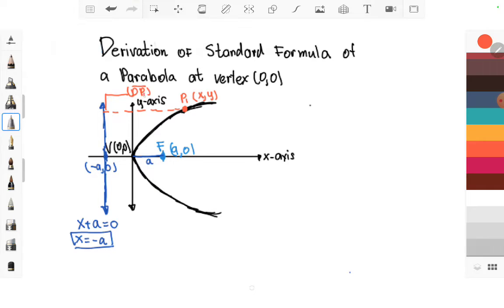Directrix to point 1, and my focus to point 1 must be equally distant. So from here, I will have the point (negative a, y), perpendicular to this P1.